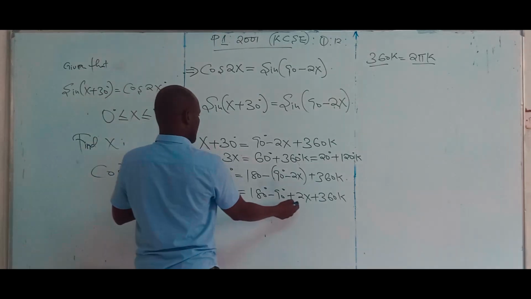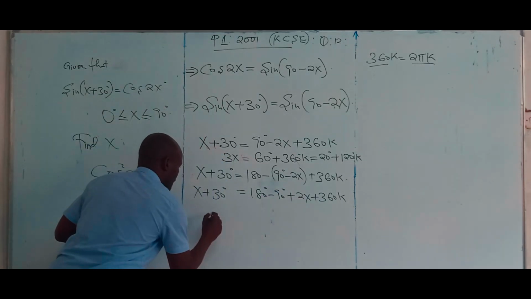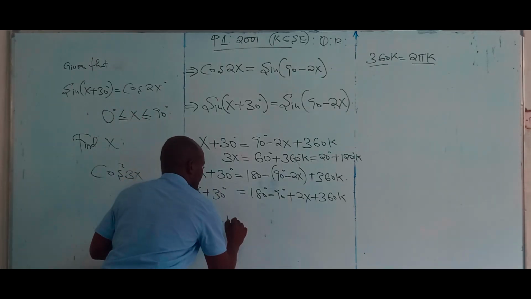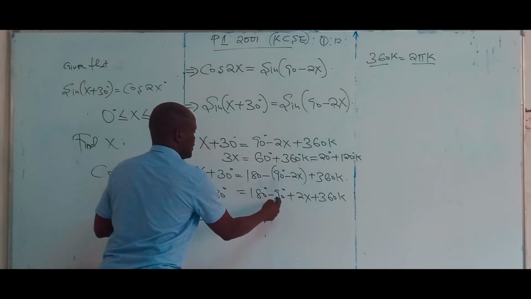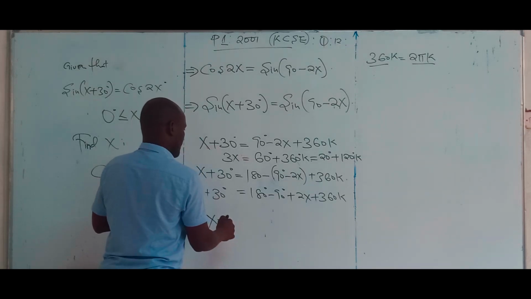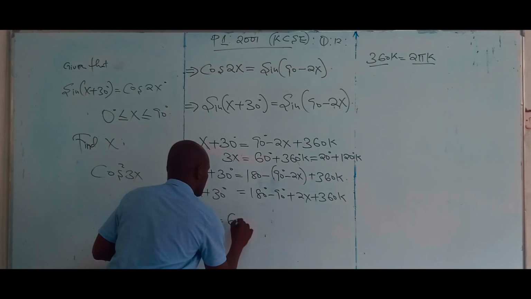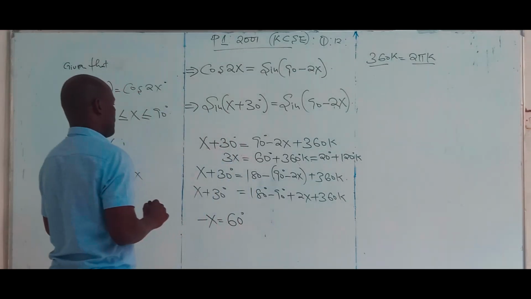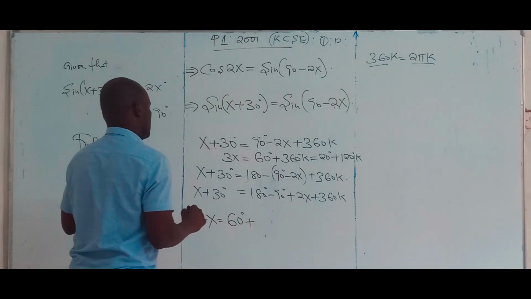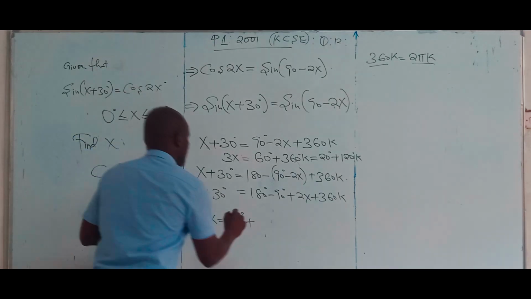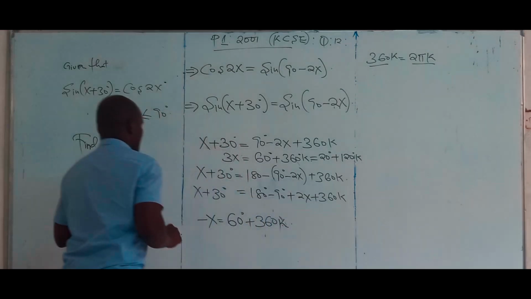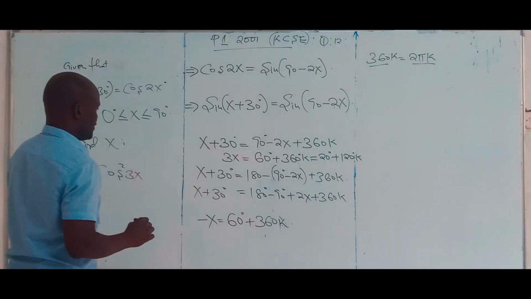If I collect the like terms, I have minus x is equal to 180 minus 90, which is 90, minus 30, which is 60 degrees, plus 360K.